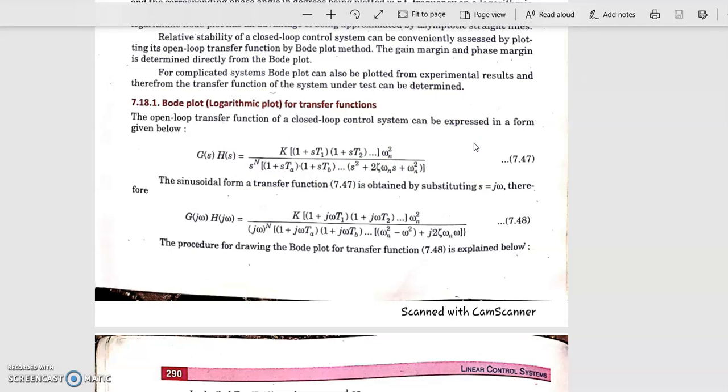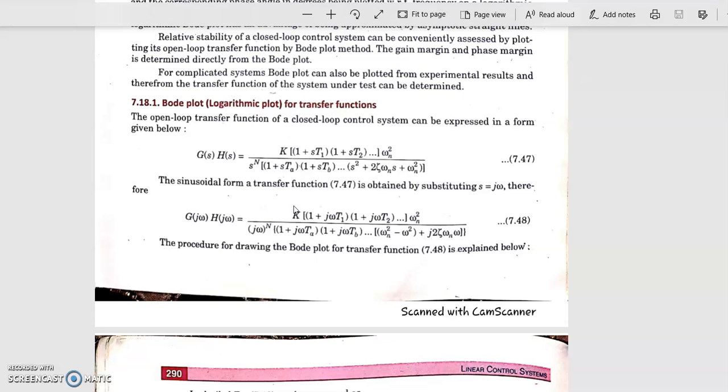This concept is also read in time response analysis, where zeta is the damping ratio and omega n is the undamped natural frequency of oscillations. Clear? And coming to this factor, s raised to power N indicates the type of the system. That means if capital N is 0, then it will be a type 0 system.